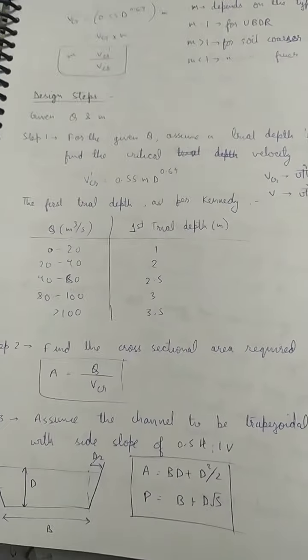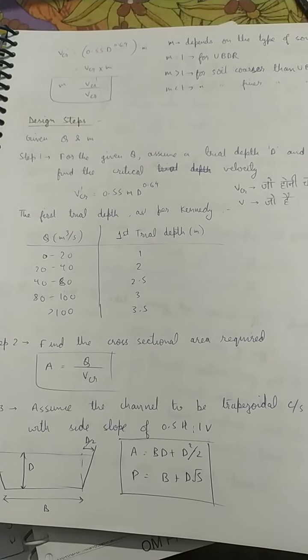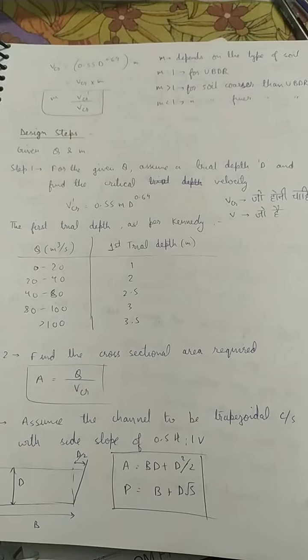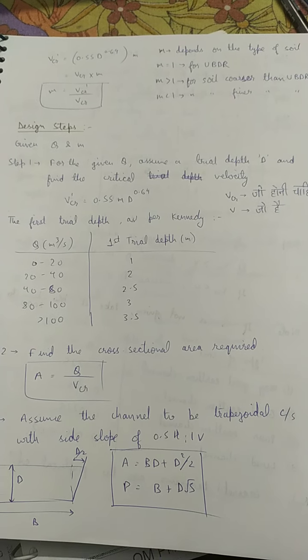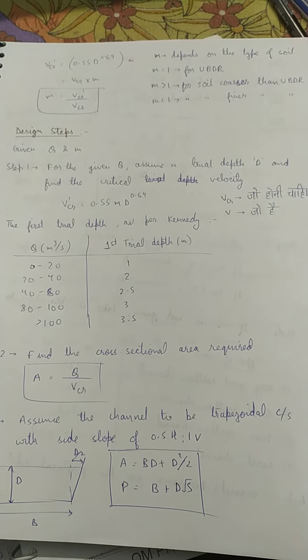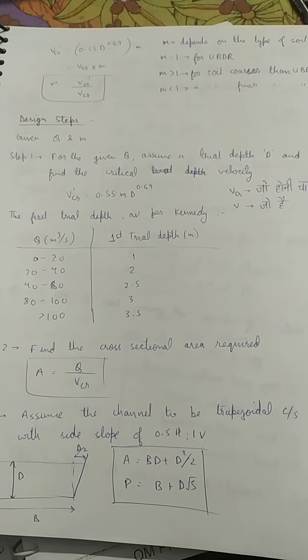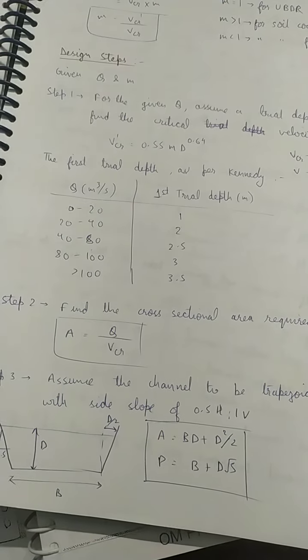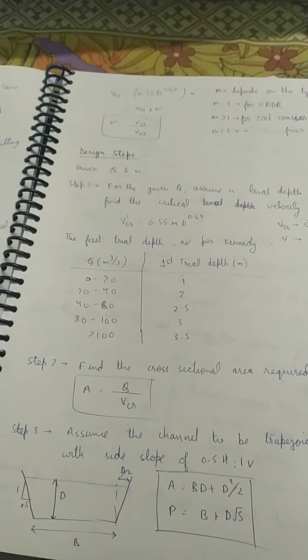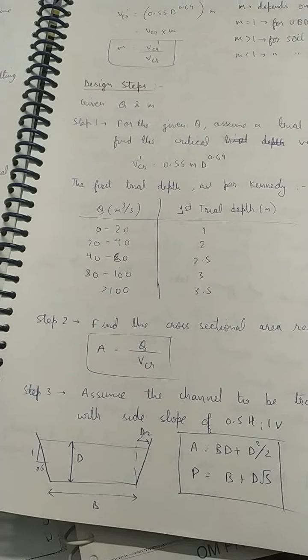The design steps according to Kennedy's theory are: if Q and m are given, then assume D and find out VCR. Certain guidelines are given for the first trial depth assumption.